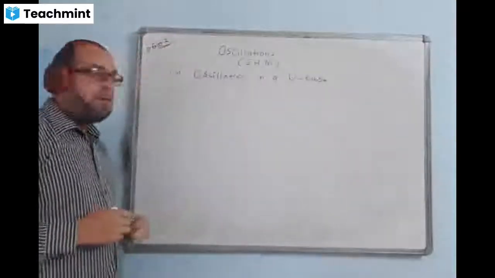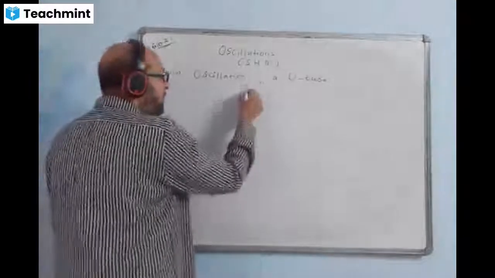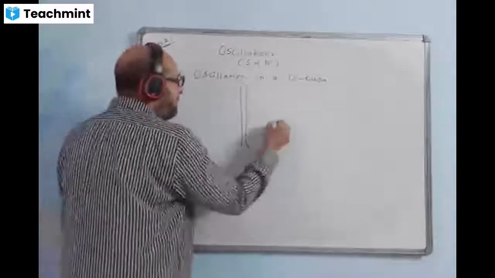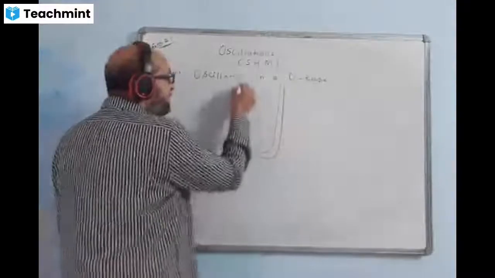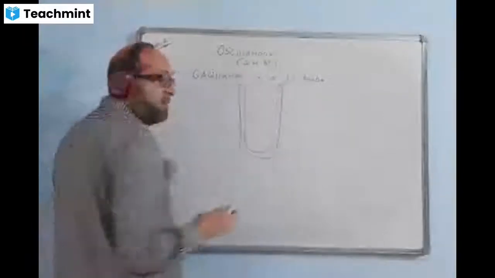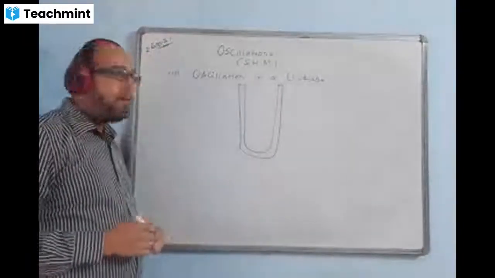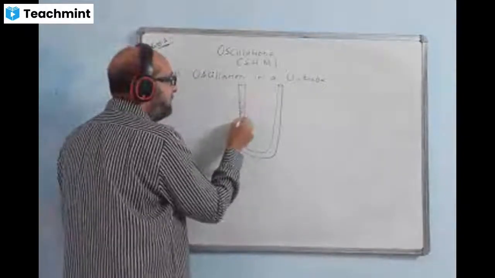For this we'll draw a diagram. We'll draw a U-shaped tube like this. This is not the actual U-tube size, okay? We have a U-shaped container, and here we are having some liquid.